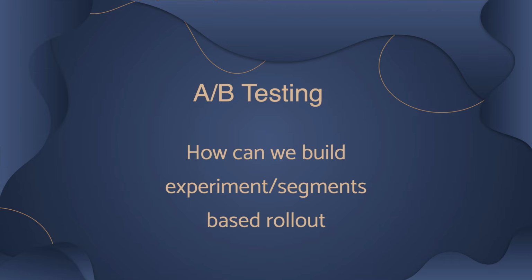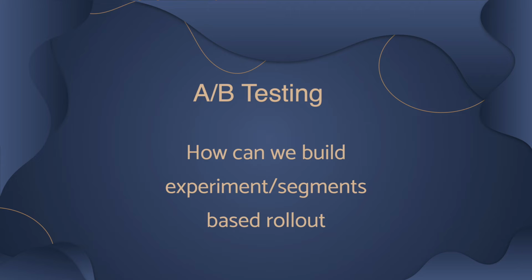Then A/B testing. How can we build experiment or segment based rollout when we are planning to scale or deliver our features in multiple locations across the globe? There may be different sets of experiments that we will be conducting.